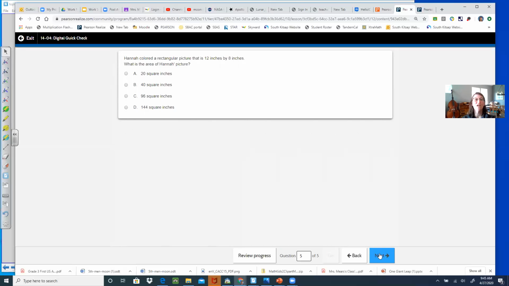Okay, last but not least, Hannah colored a rectangular picture that is 12 inches by 8 inches. Oh, isn't that nice? They give you a big one. So area equals length times width. Then in your next row, area equals 12 times 8.